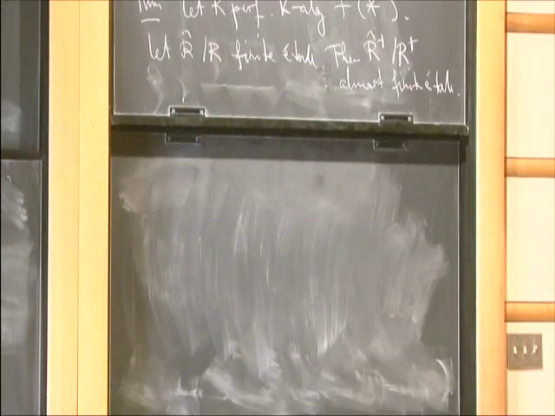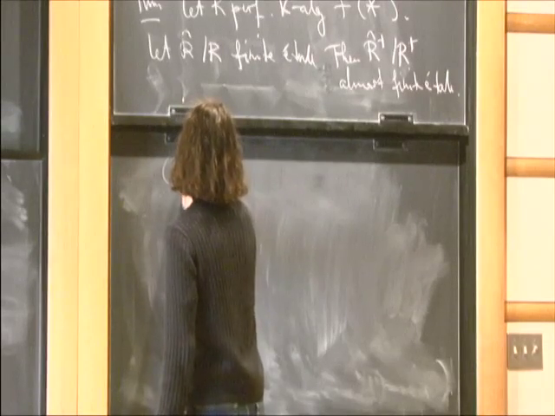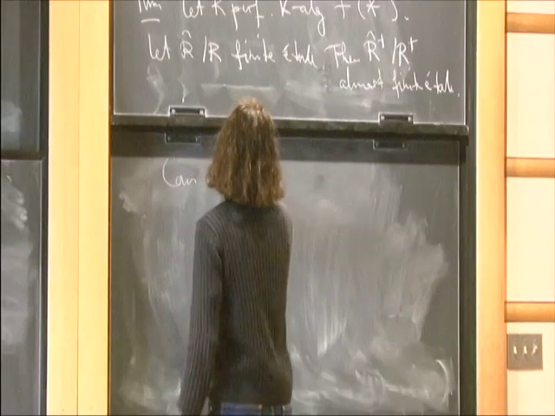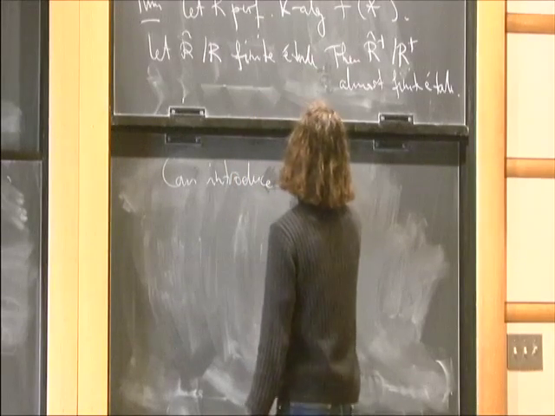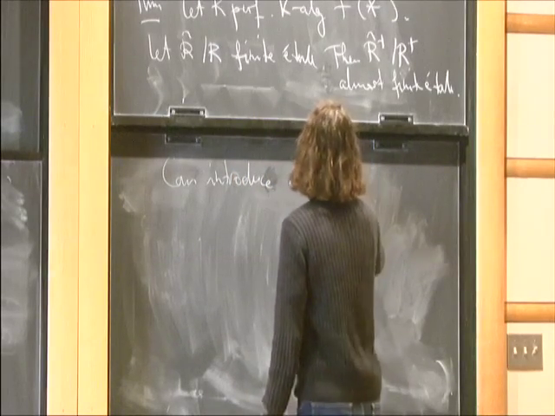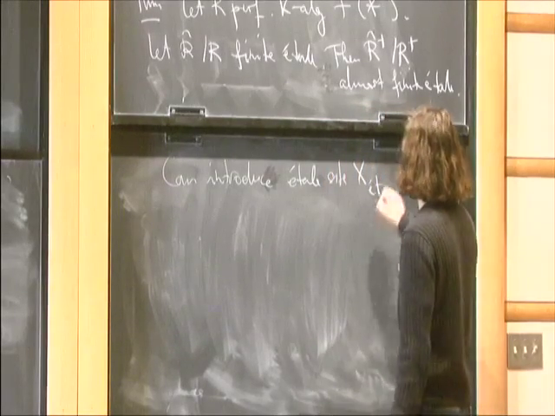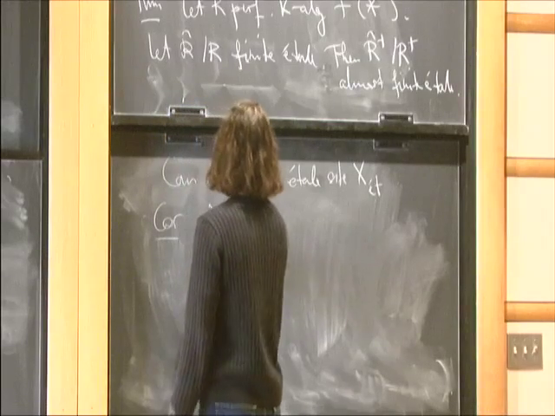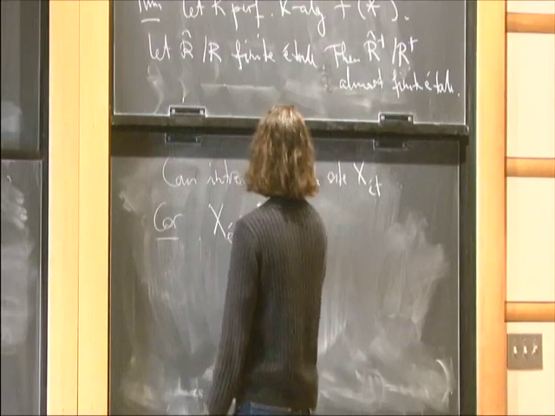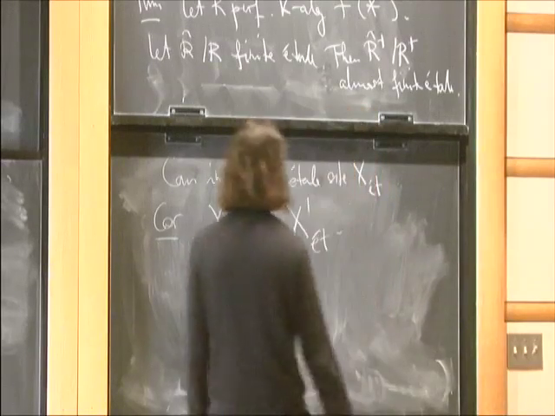And now what we can do with it, for example, is introduce an étale site, X étale, for any perfectoid space X. And a corollary of what we have done is that the étale site of a perfectoid space is equivalent to the étale topos of its tilt.